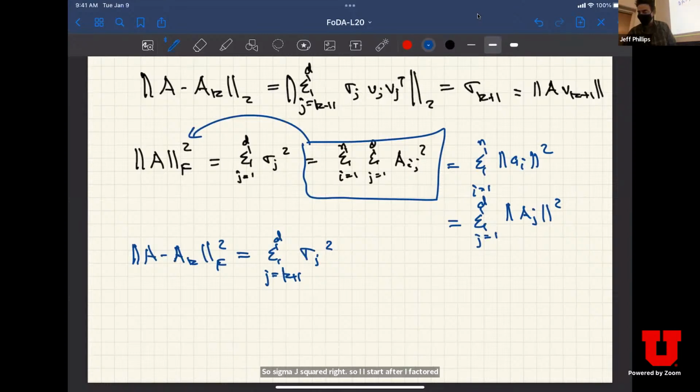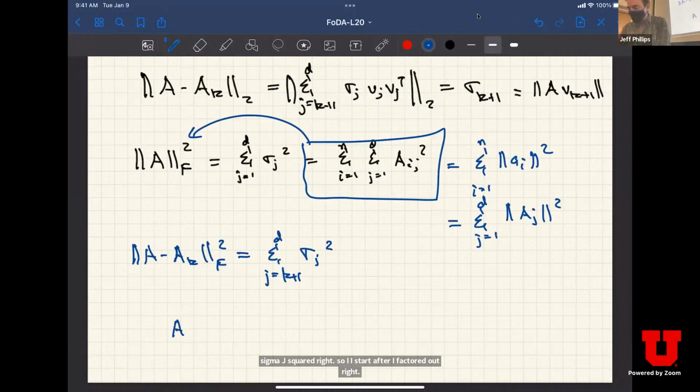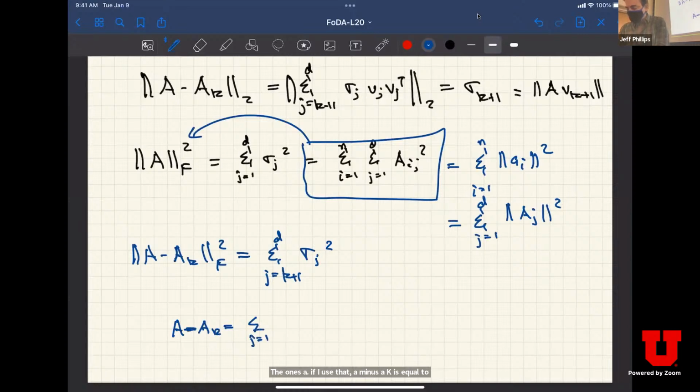If I use that A minus A_k is equal to the sum from j equals k plus 1 up to d of sigma j u_j v_j transpose, then I can write the norm of each of these quantities.